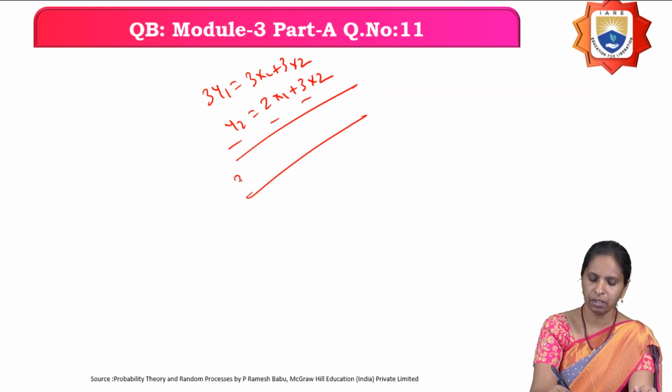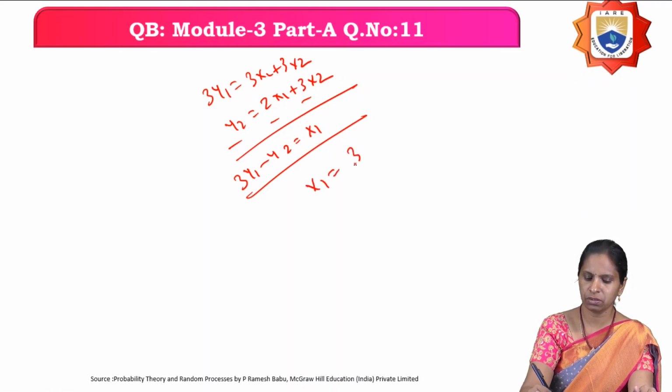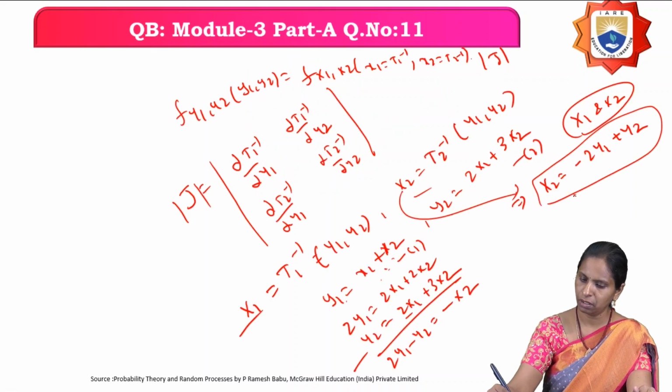Then 3y1 minus y2 equals x1. So x1 equals 3y1 minus y2, nothing but T1 inverse of y1, y2. And x2 equals T2 inverse of y1, y2.